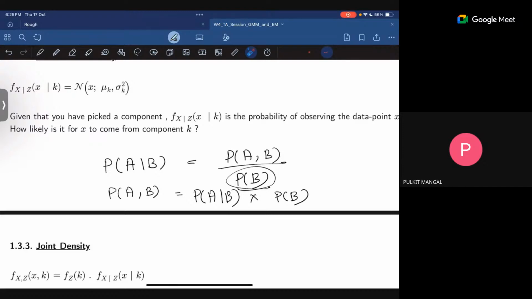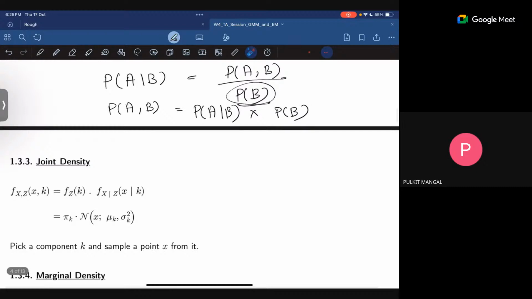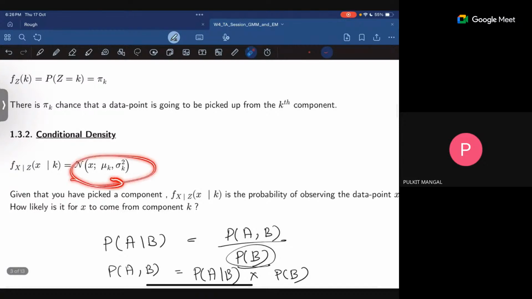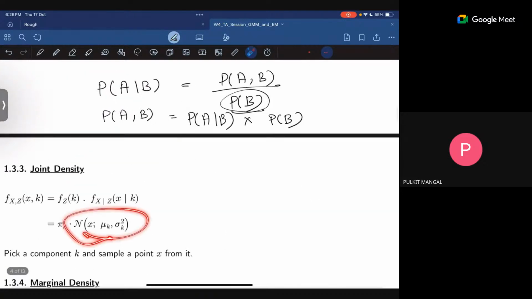So we will be finding the joint density of X and Z. X here denotes the PDF of GMM, and Z is the prior probability of choosing the component. If you want to see the joint density, that would be the same as marginal times the conditional. We have seen the conditional here, so this conditional comes from here.